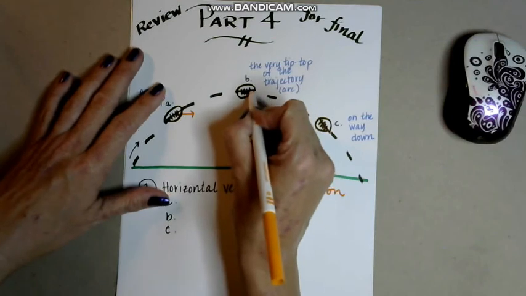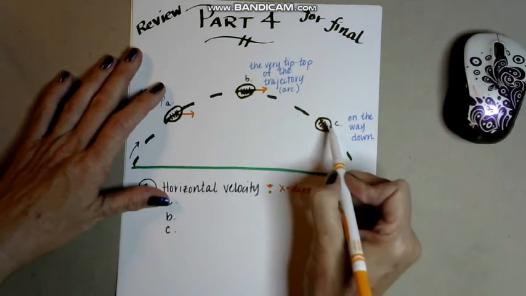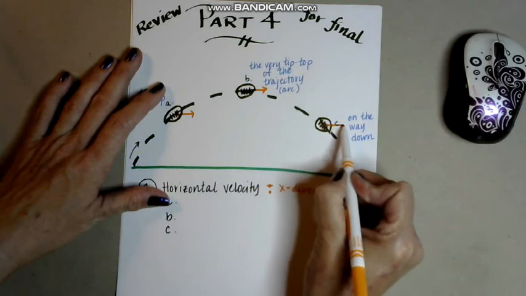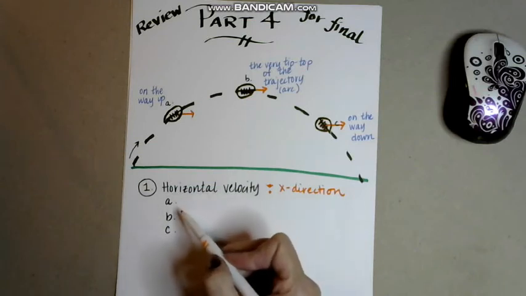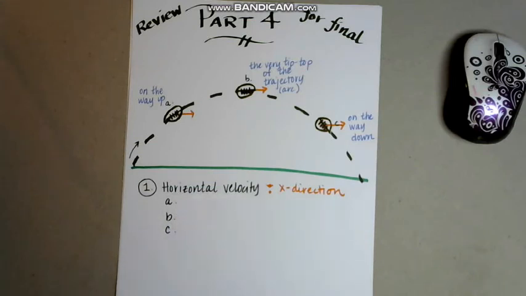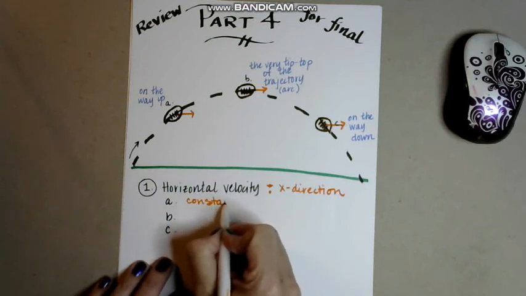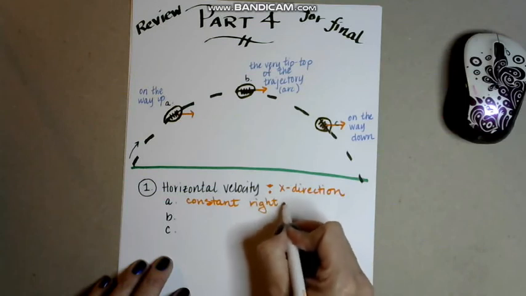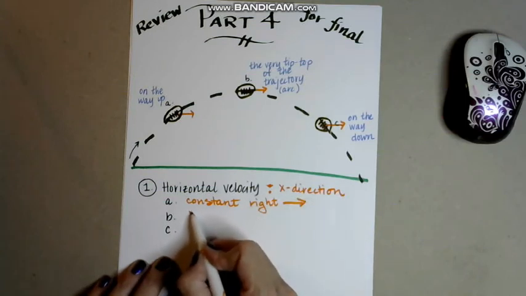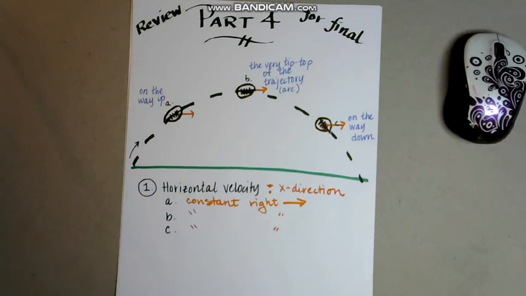In the x direction, it's still going that way. And at point C in the x direction, it's still going that way. So A, B, and C are all constant, to the right. There's no acceleration in the x direction.